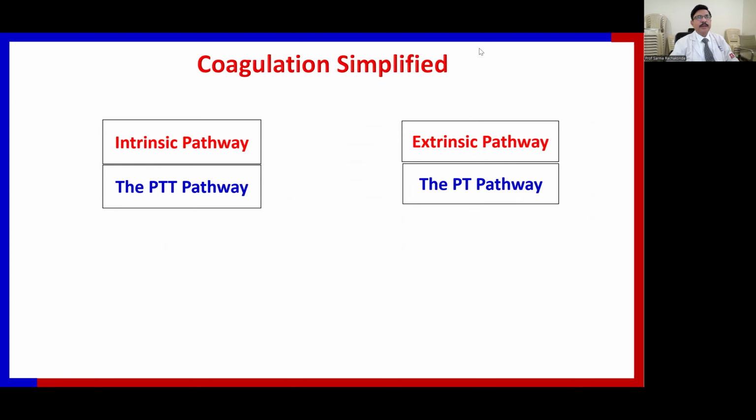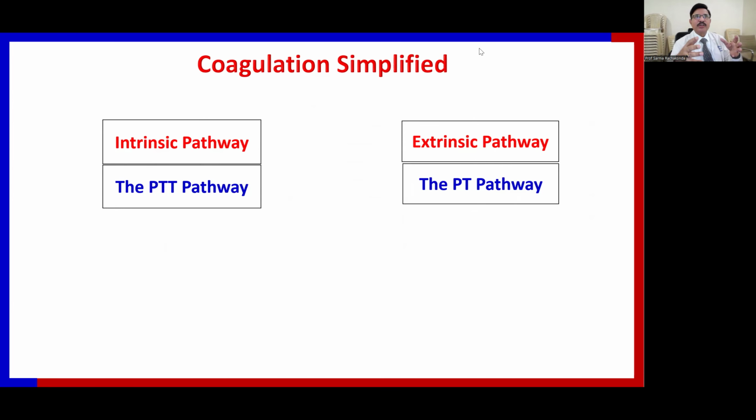One is called the PTT pathway. What is PTT? Partial thromboplastin time. The other is called the PT pathway, prothrombin time. You may not know the difference between partial thromboplastin time and prothrombin time. When to order what, you may not know. How to interpret the result, you may not know.